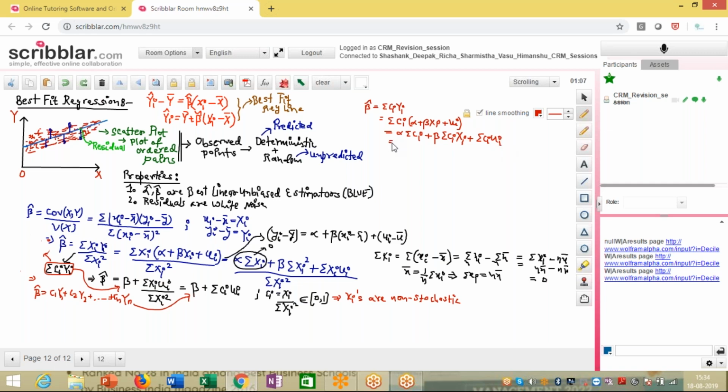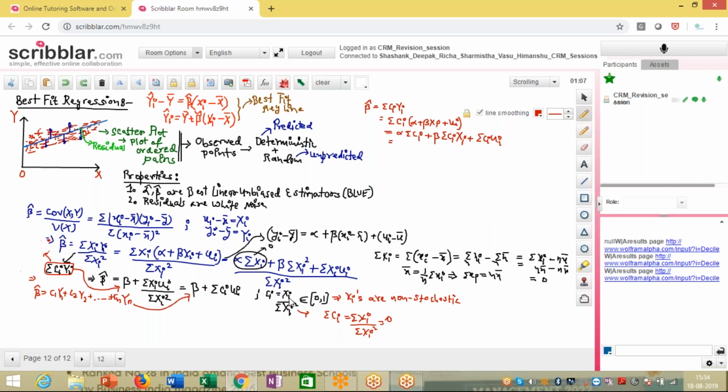Now summation Ci will be what? If this is the definition of Ci, summation Ci becomes summation xi, that is xi minus x bar, by summation xi square. Now we have seen summation xi is 0, so this becomes 0.